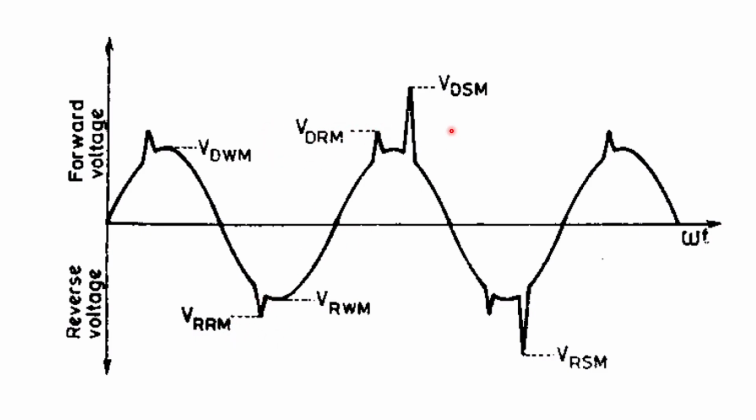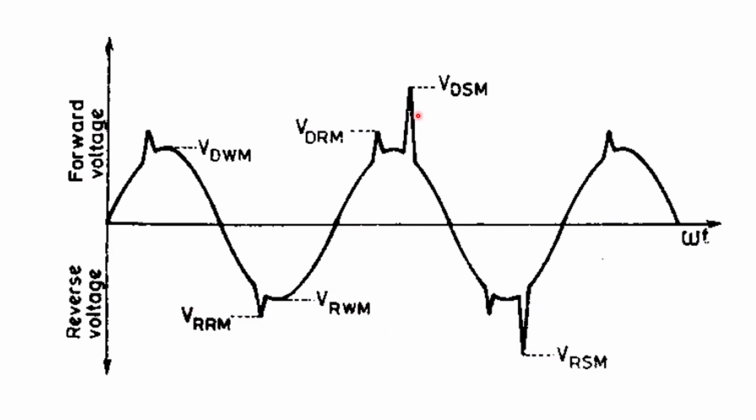Okay, and the third is VDSM and VRSM. The VDSM and the VRSM are the peak surge voltages, okay, that is non-repetitive in nature. Okay, and generally the VDSM is 130 times of VDRM, and VRSM is 130 times of VRRM.